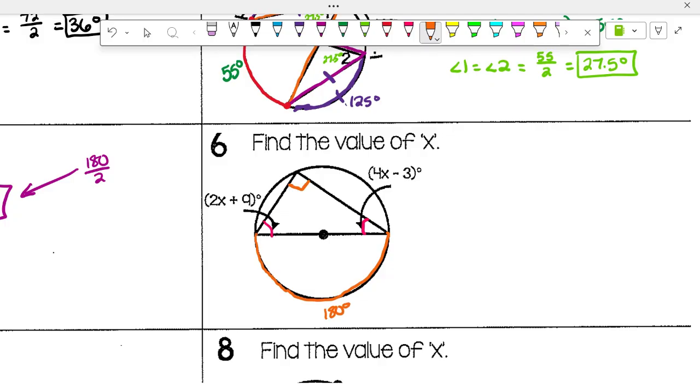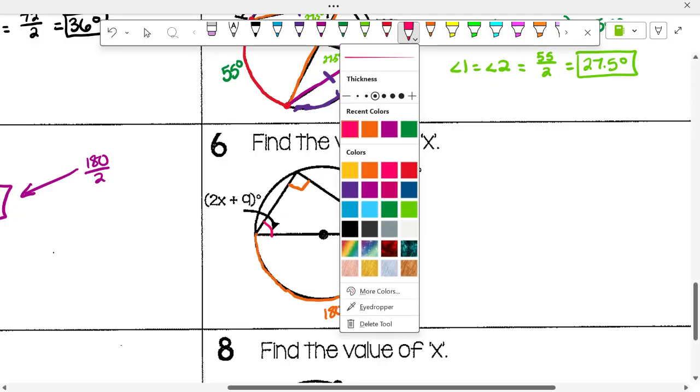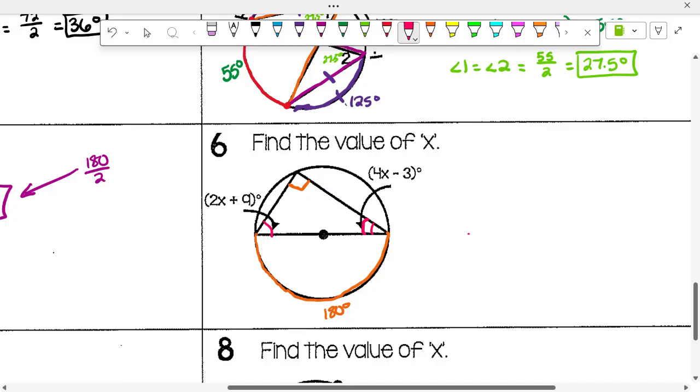Now, this question actually doesn't deal with circles. The only part of the circle that you really needed was the fact that one of the angles was intercepting a semicircle. Besides that, we're actually looking more at triangles.